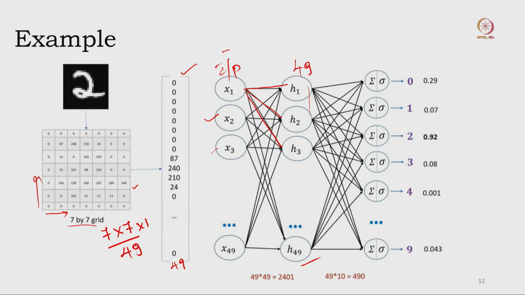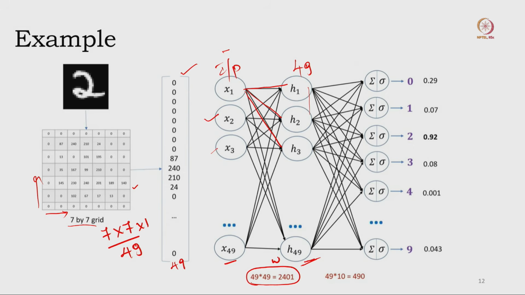So we have 49 features connected to 49 neurons at the hidden layer. How many such connections are there? We have 2401 connections, and on each of these connections we will have a weight. If you build a more complex architecture, I leave it to your imagination how difficult the model architecture will be.